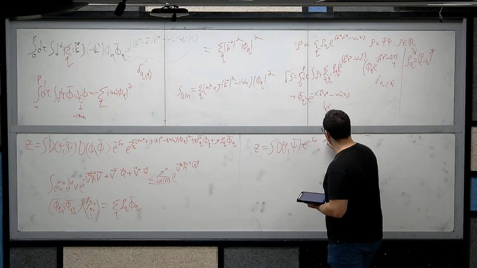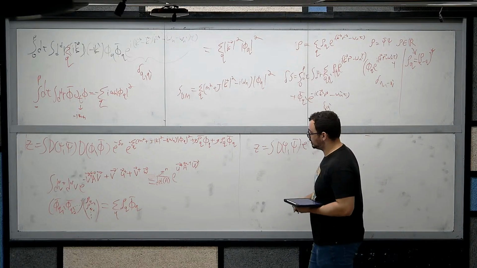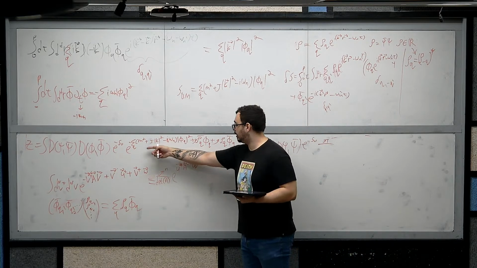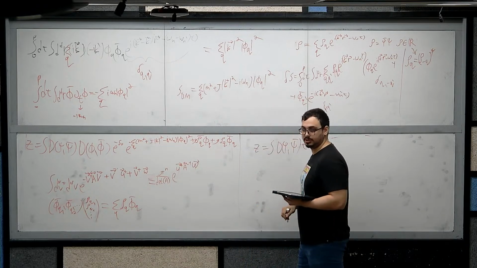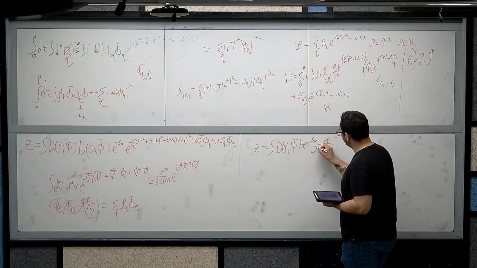Now pi to the power of 1, and the determinant of a diagonal matrix is the multiplication of all the terms.